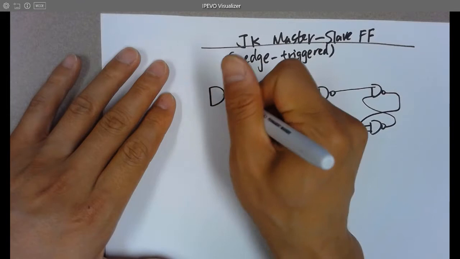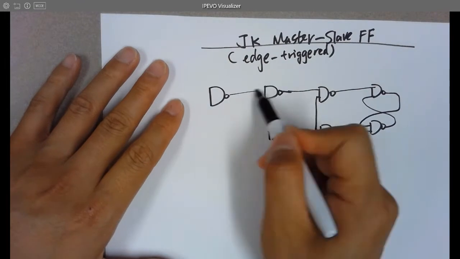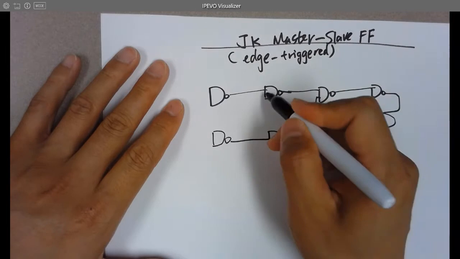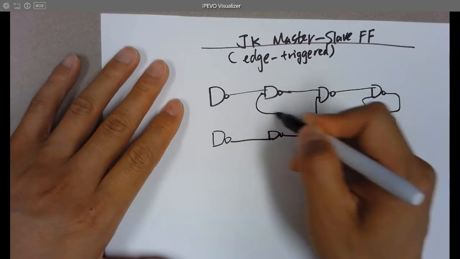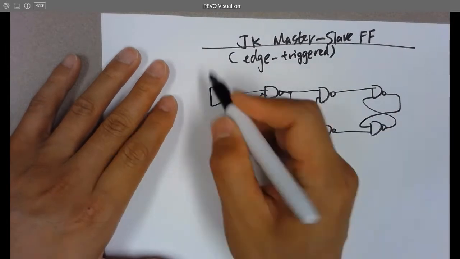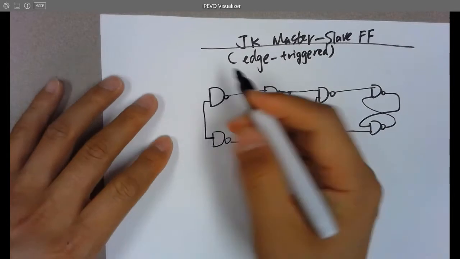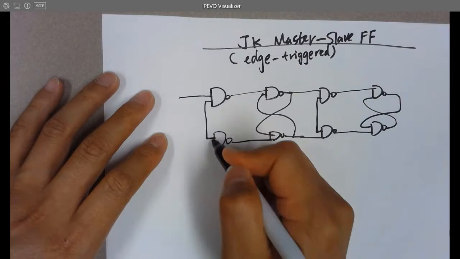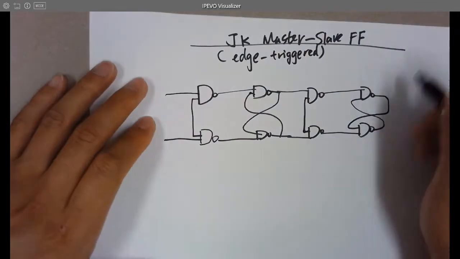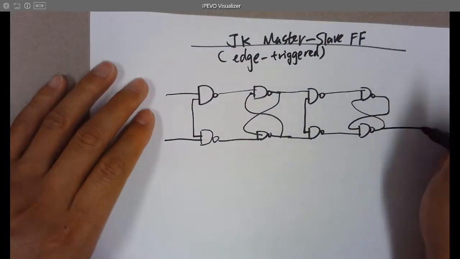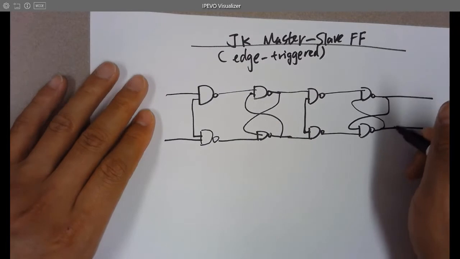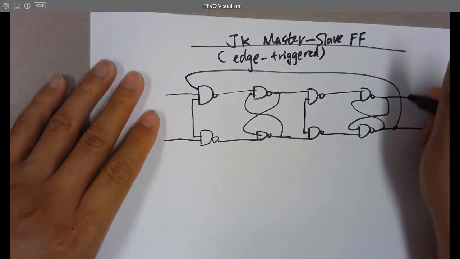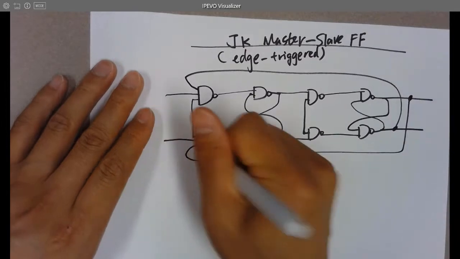Then this one, that's a clock at the front. And then feedback from here all the way to here, feedback all the way to the input.